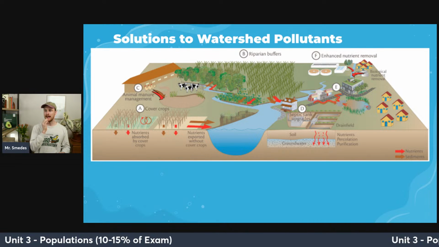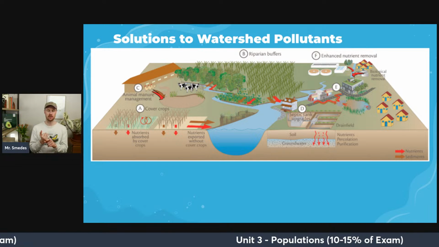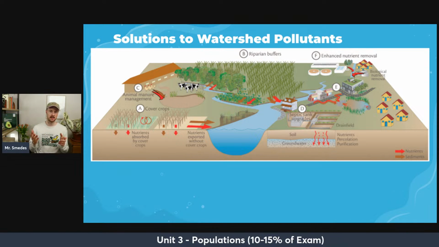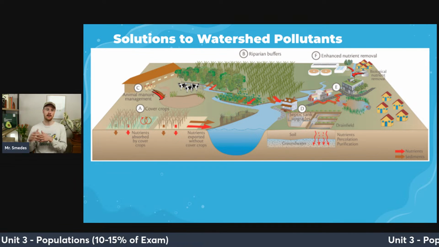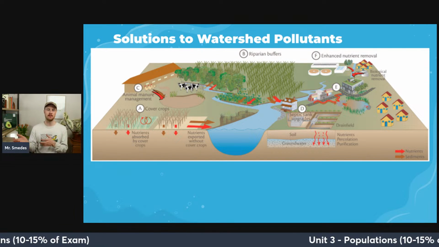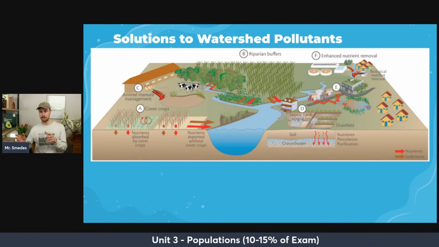If we look at nutrient removal, enhanced nutrient removal, this is tertiary treatment. This is a wastewater treatment technique where you filter out extra nitrogen and phosphorus beyond just what happens in secondary treatment, when the microbes break down all the organic matter. So this is something a wastewater treatment plant could install.